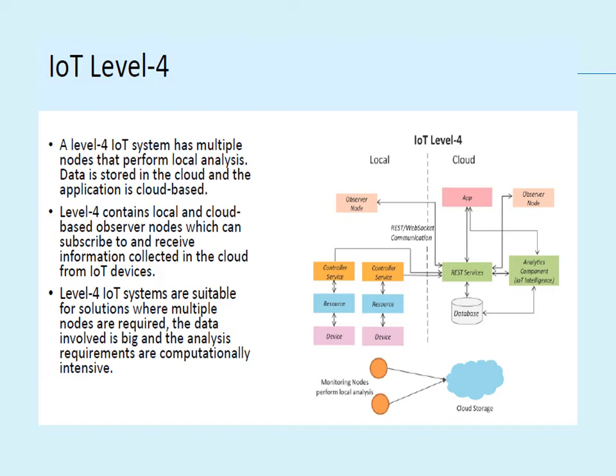All the data can be stored in the database and in cloud storage. The local and cloud-based observer nodes can subscribe to and receive the information collected in the cloud from the IoT devices. These systems are suitable for solutions where multiple nodes are required and the data involved is big.